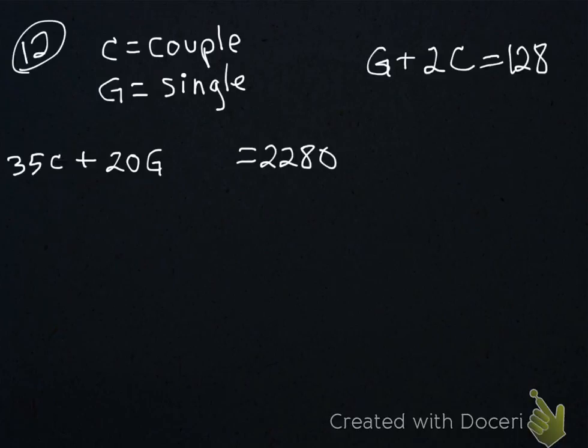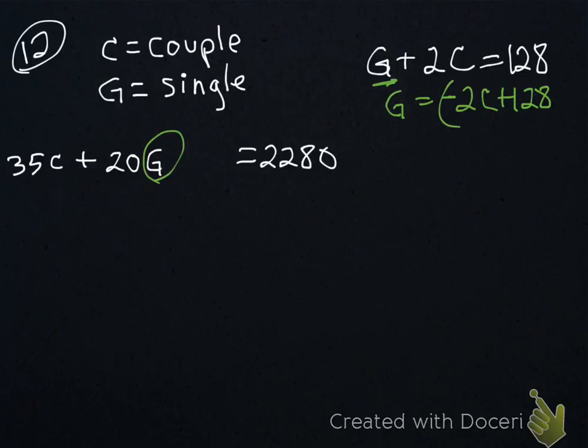That's the common mistake that is made on this kind of a problem. They put G plus C equals 128. Well, we're going to solve that second equation for the G so that we can plug it in to our first equation. So when I solve it for G, I get negative 2C plus 128.